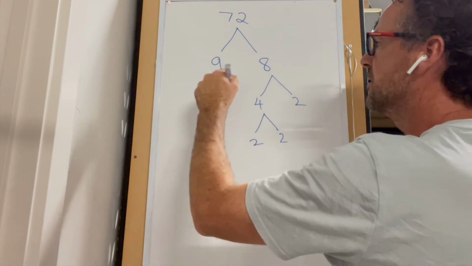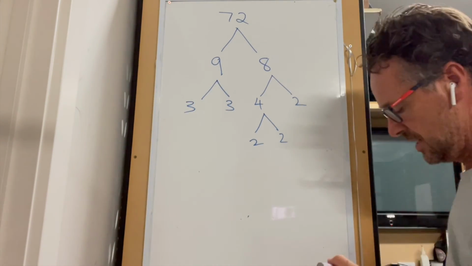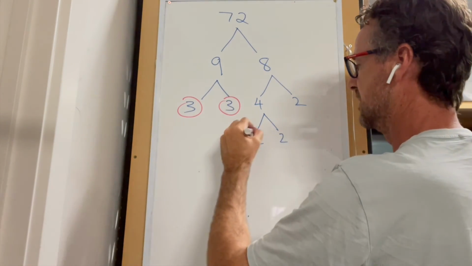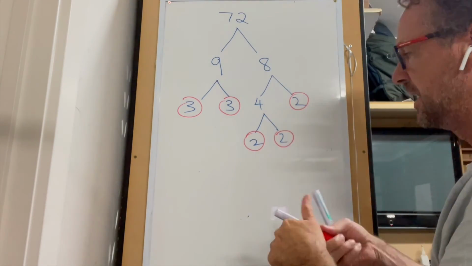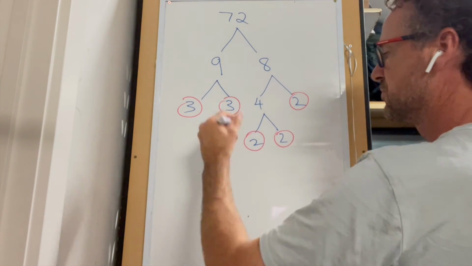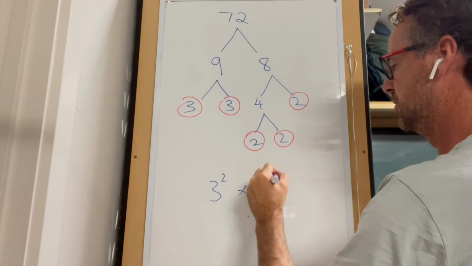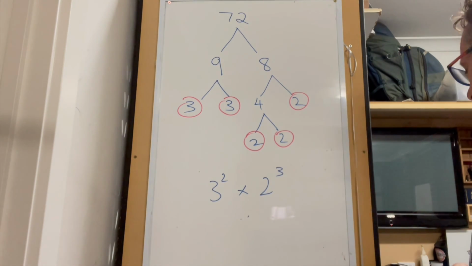The 9 can be split into 3 and 3. So now we can see these are the prime factors that make up 72, and we can express all of that as 3 squared multiplied by 2 cubed. So those are factor trees.